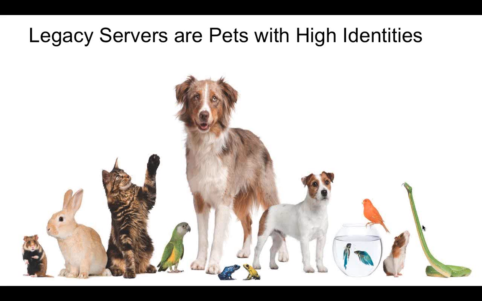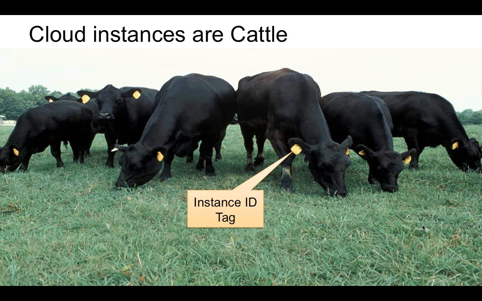High identity means that servers would have highly unique and specialized configurations. At scale, this becomes unmanageable, because in the legacy way, every server was highly tuned, optimized, and unique. And if your servers got unhealthy, then you got worried for them and you nursed them back to health. That doesn't work in the cloud.